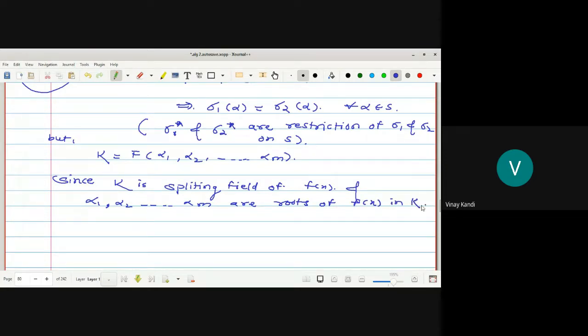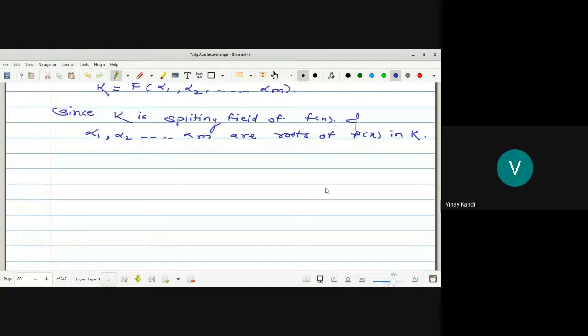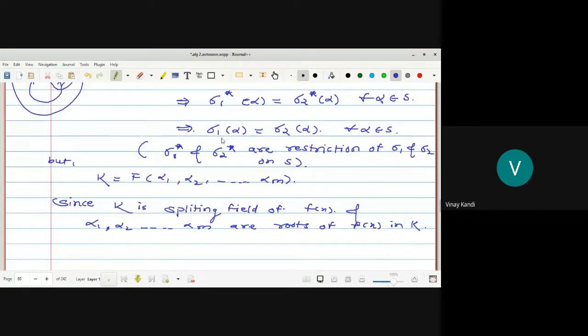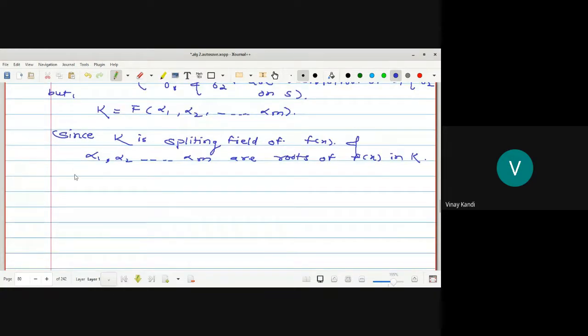Now therefore, we have to show that sigma 1 is equal to sigma 2 on the whole field K. Look at here: K is equal to F of alpha 1 up to alpha m. What is the meaning of this?